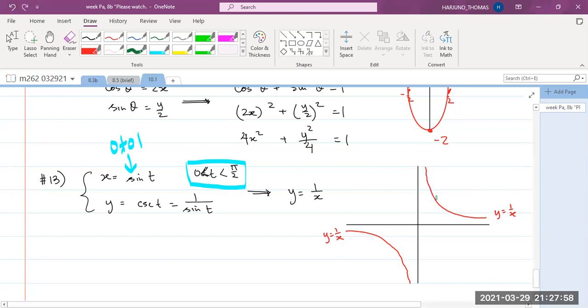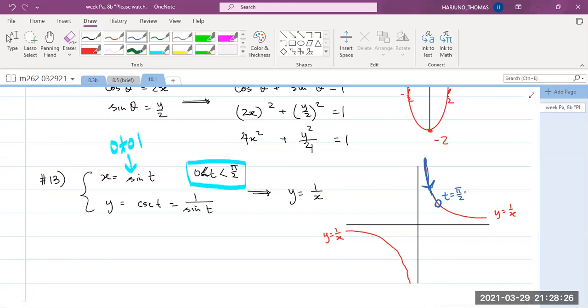In fact, that's an open circle. Let me use this color. This is when t equals pi over 2. That's why it doesn't touch that 1,1.